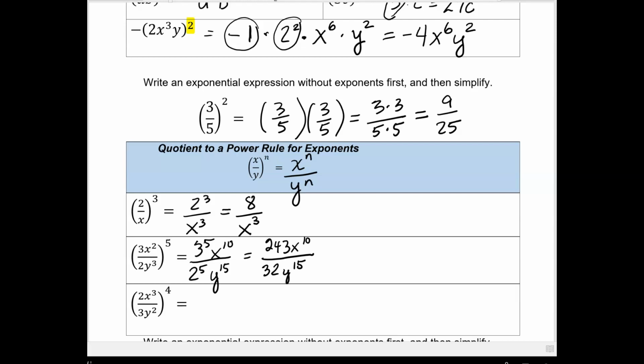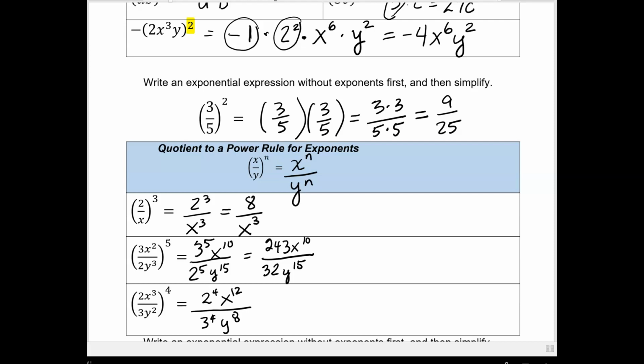Next, we have 2 to the 4 x to the 12 over 3 to the 4 y to the 8.